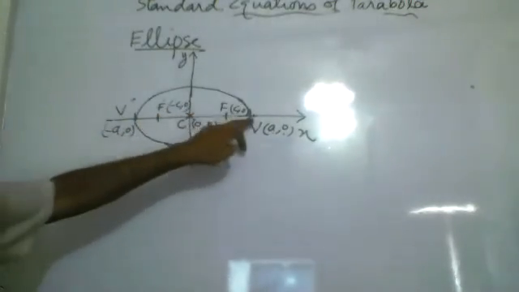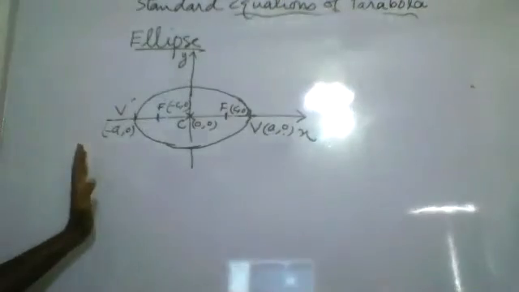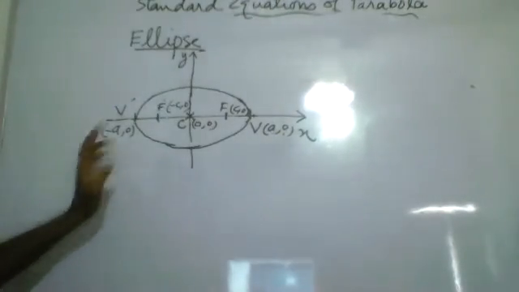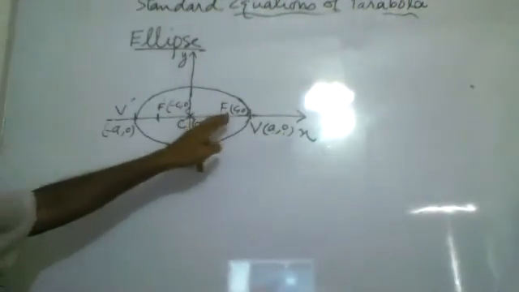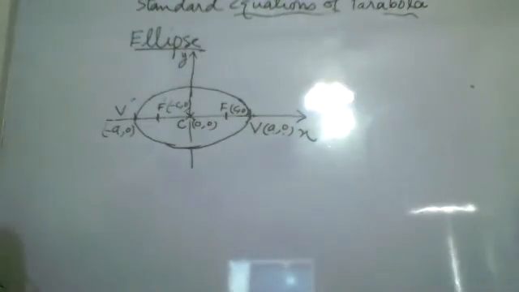सेंटर से एक वर्टेक्स का फासला ए है तो दूसरे का भी उतना ही होगा. On the other side this is minus A. In the same way the focus: the distance from the focus is C, so this is also minus C, the same distance from the center.